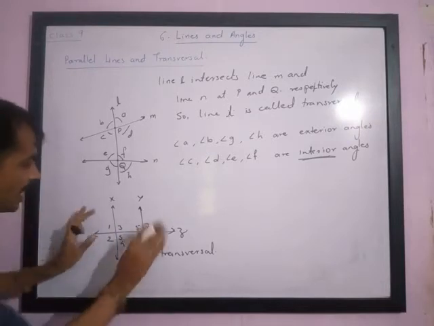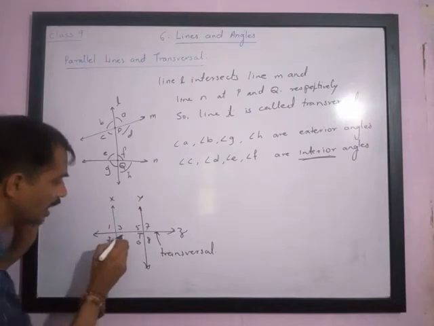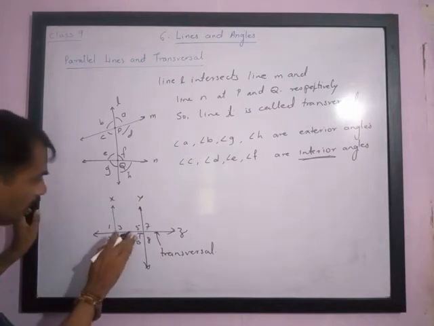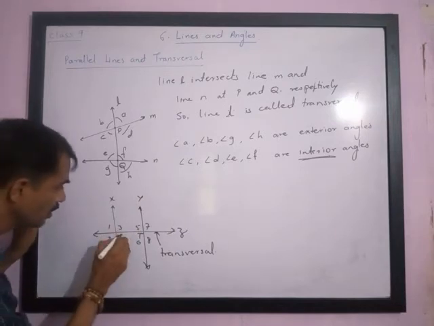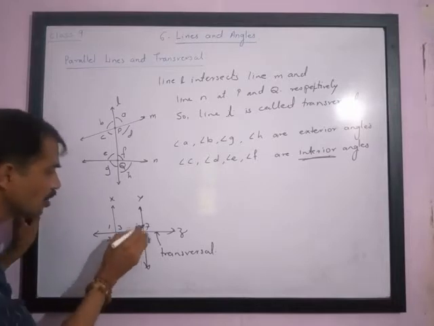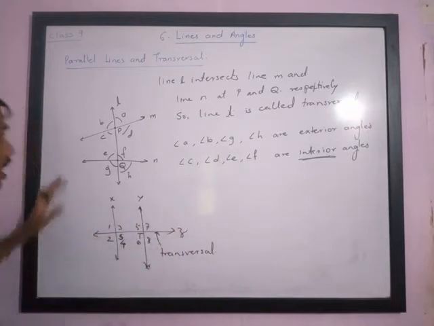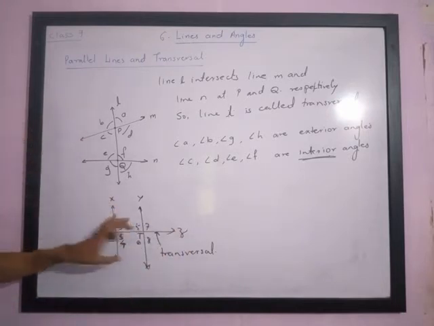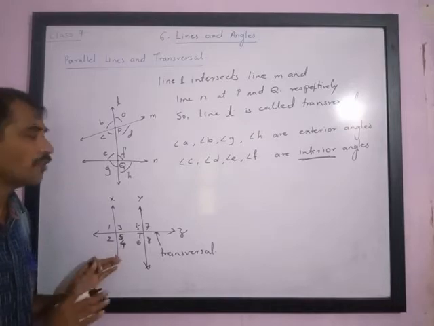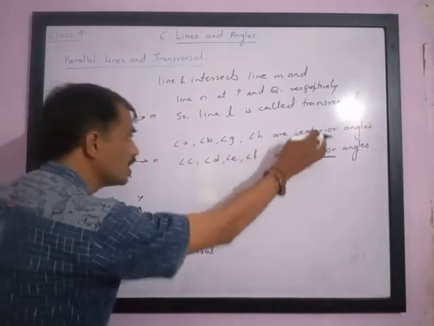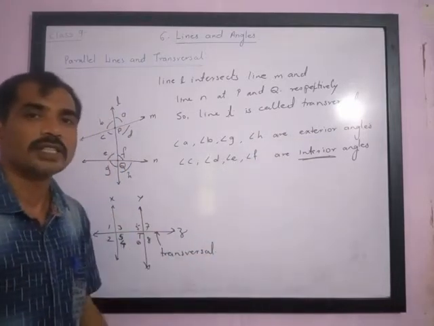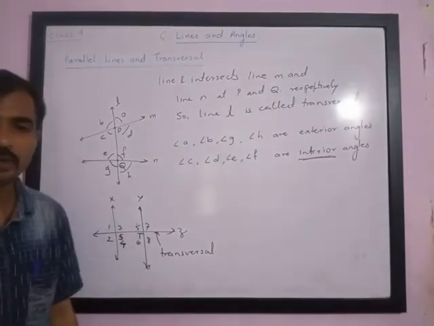So exterior angles are outside and interior angles are 3, 4, 5, 6. Figure may be like this, figure may be like this. You have to observe it carefully and then tell which angles are exterior angles and which angles are interior angles.